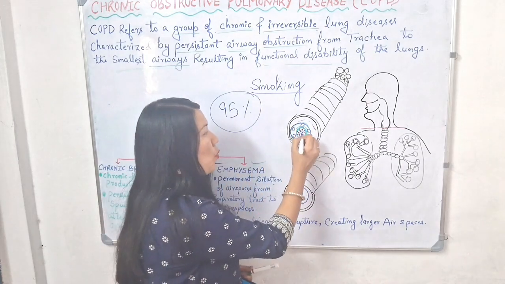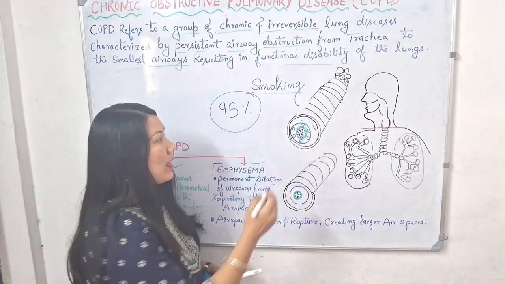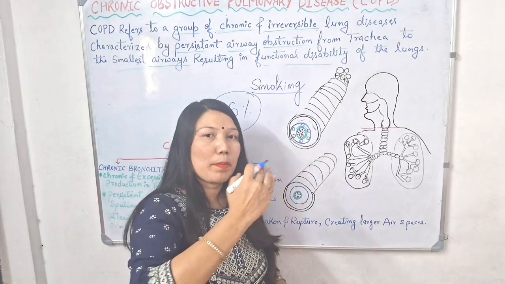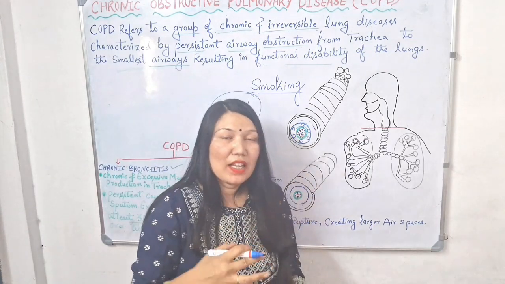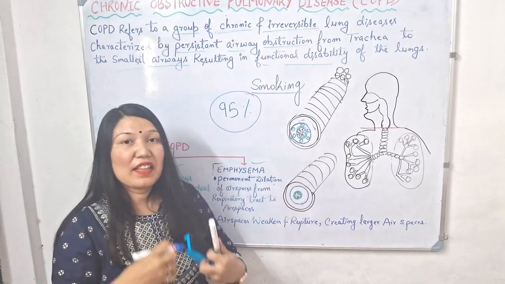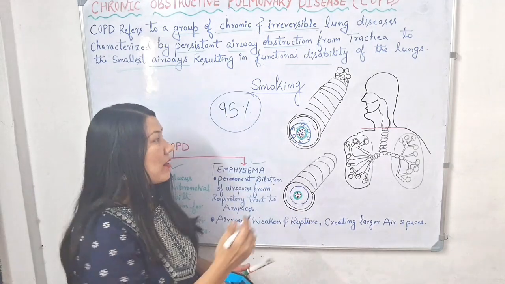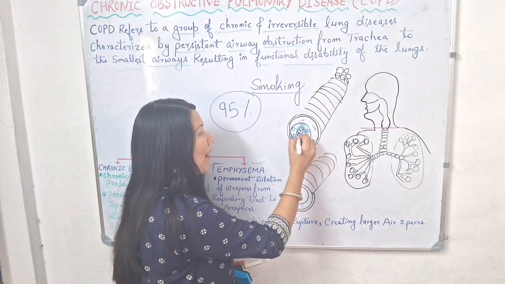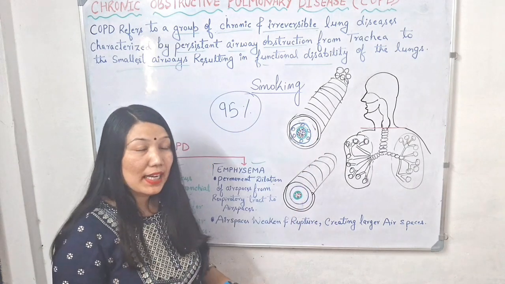The cilia will try to move these particles out of the trachea, but there are several particles in smoke, so the cilia will be degraded and become small.